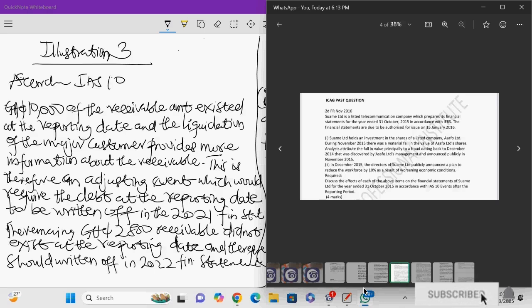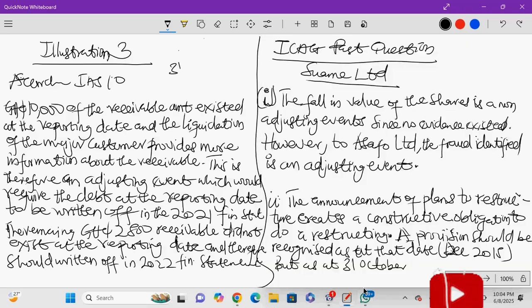I'm sure October counts before December, right? Let me see, when is the reporting date? So it was after the 31st October, right? The reporting date is 31st October.